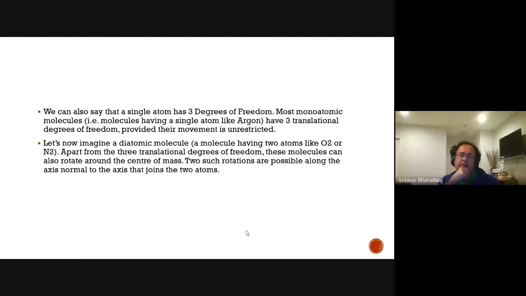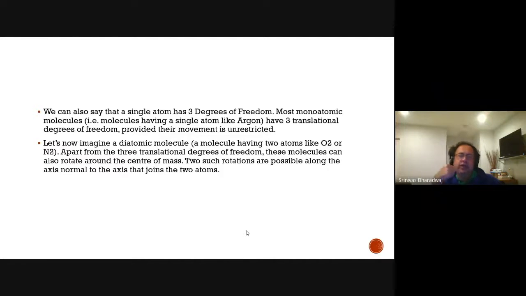Similarly, when you have two atoms, apart from the three translational degrees of freedom, these molecules can also rotate around the center of mass. Two such rotations are possible, normal to the axis.